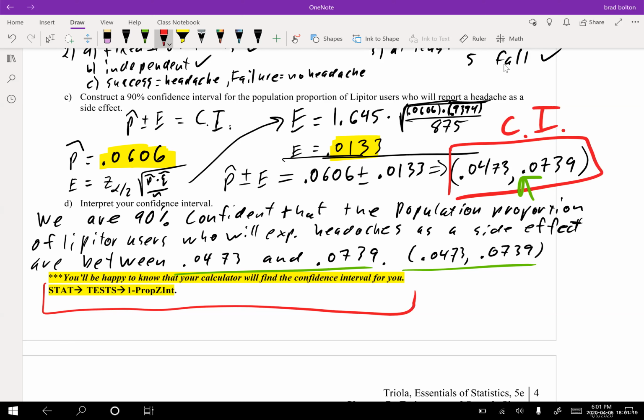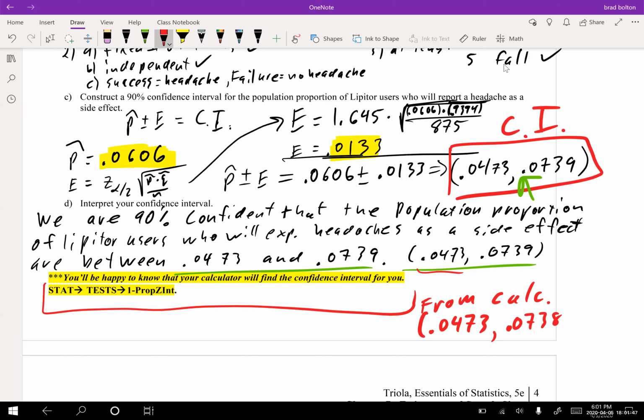And it gives me, so from the calculator, it gave me a slightly different confidence interval, 0.04731. That's about the same as ours, okay? And then 0.0473, so that matches that guy, and 0.07384, 0.0738, okay?